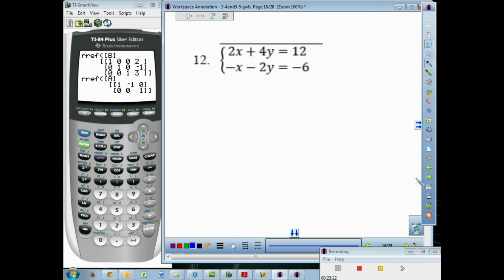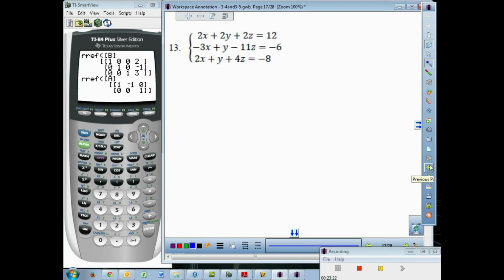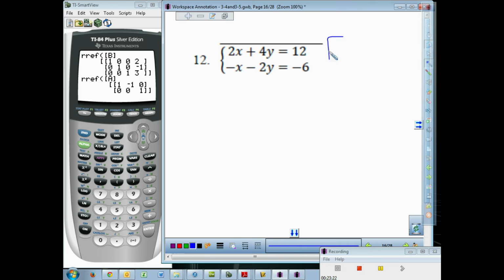It is also a 2 by 3. Let's punch that puppy in. Write ourselves a matrix here, augmented. Then edit it up.